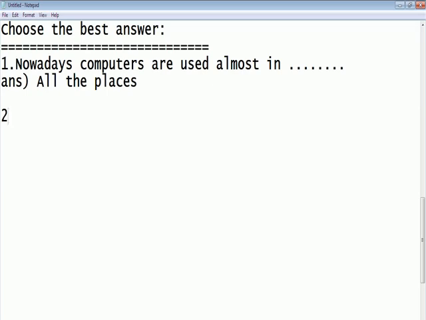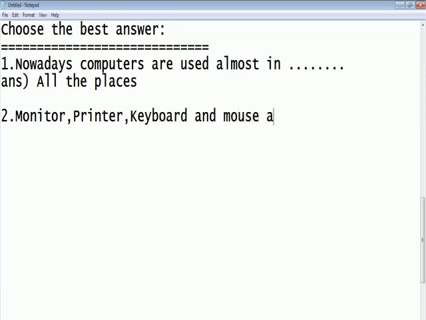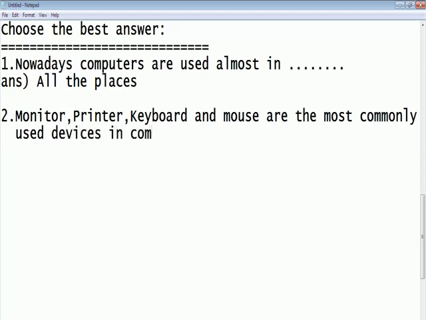Now the second question. Monitor, printer, keyboard, and mouse are the most commonly used devices in computer lab.